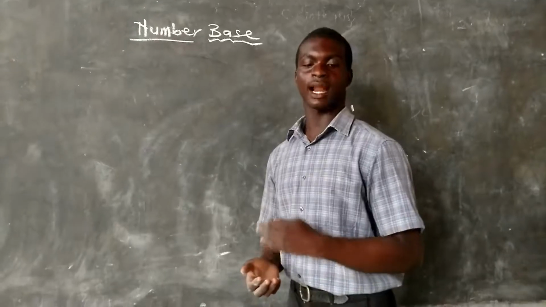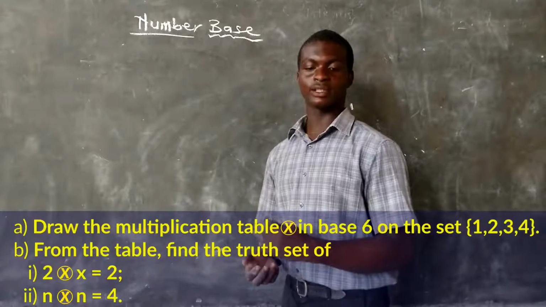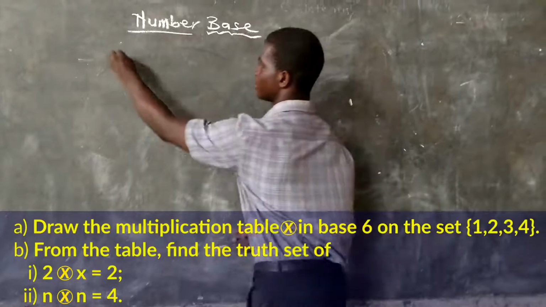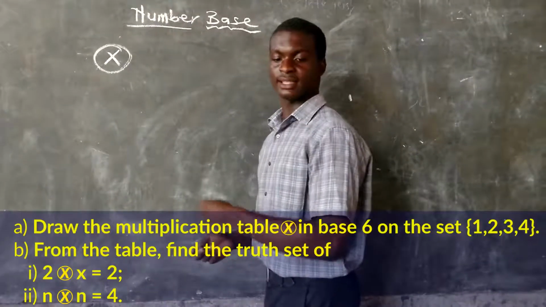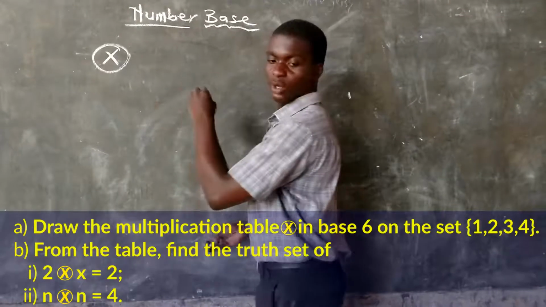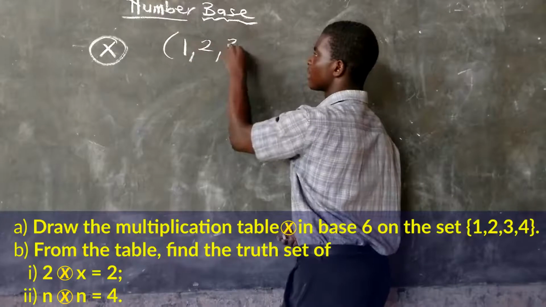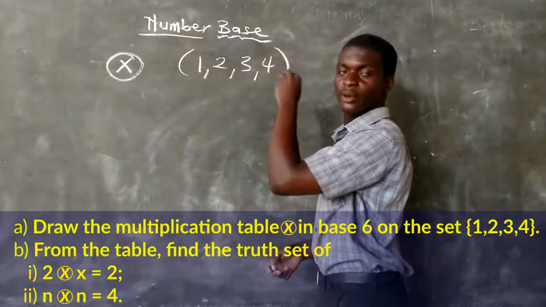So we take our last question for this lesson. And it says, draw the multiplication table ⊗ in base 6 on the set {1, 2, 3, 4}.